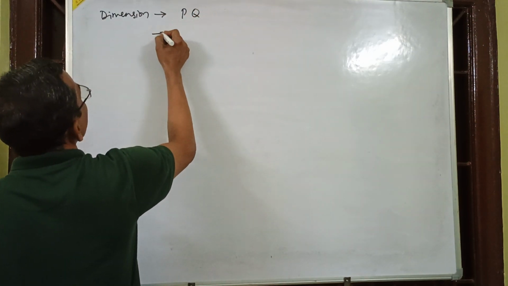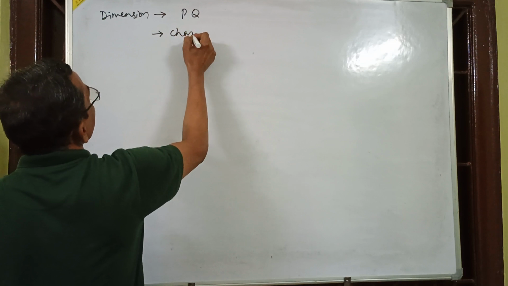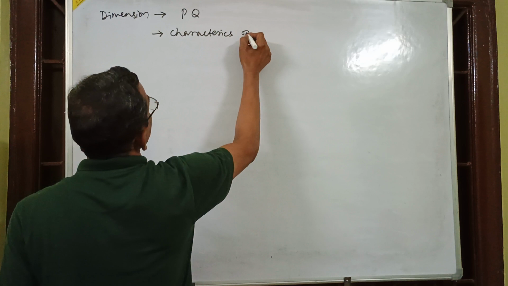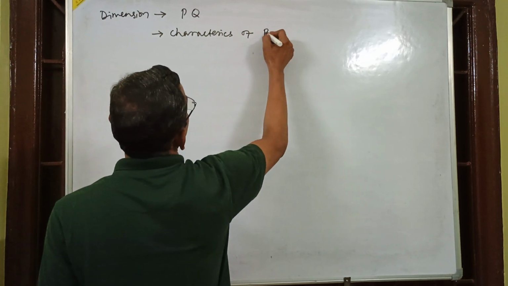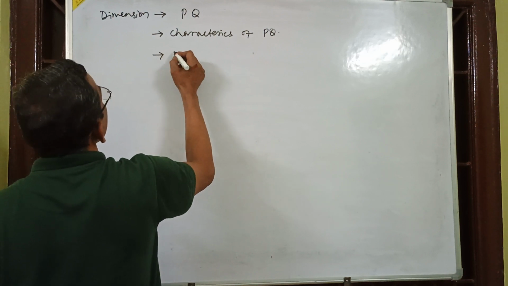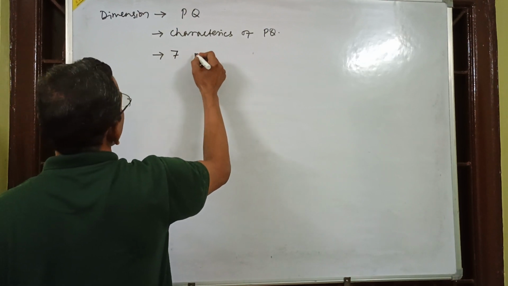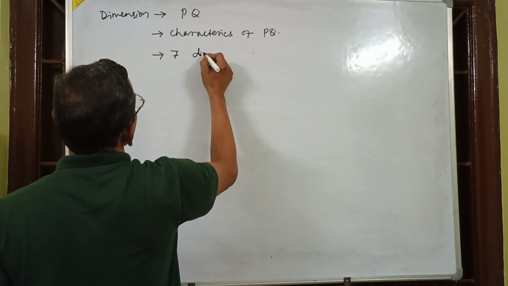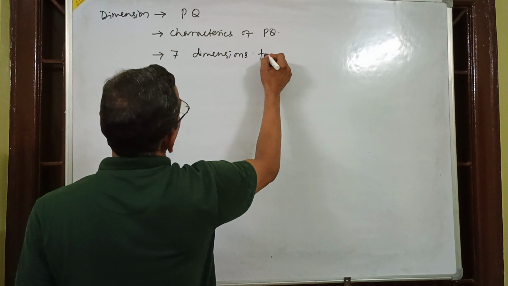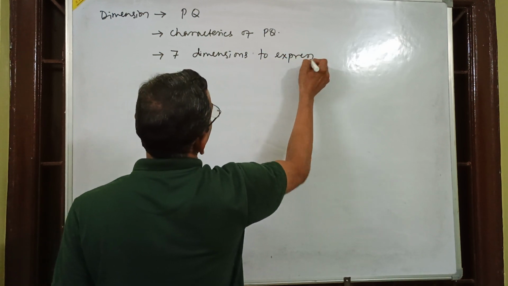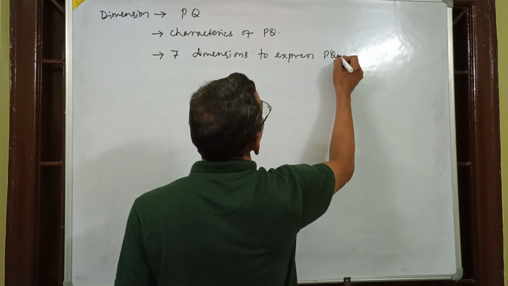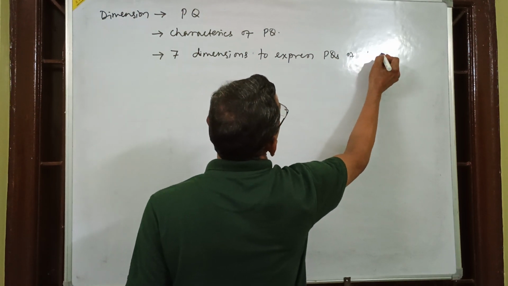This dimension says about the characteristics of physical quantities, and there are 7 dimensions to express physical quantities of a physical body.